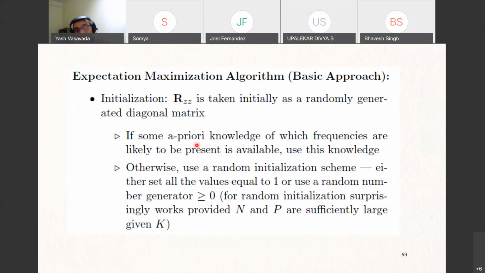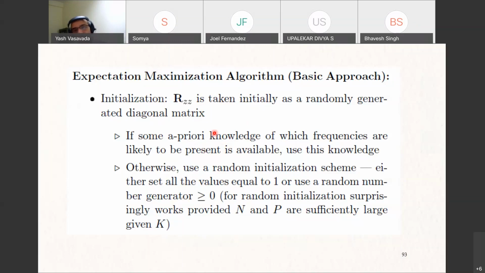If you have some knowledge of what elements of Z are likely to be non-zero and what are going to be zero, then actually you can bring in that knowledge. And so that is probably one of the advantages of this EM technique, that it allows you to input some knowledge about the overall problem, which is outside of the box.